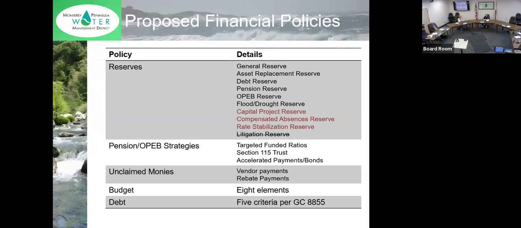And even if we weren't going in that direction, this policy is still needed because the state wants us to have that policy before any kind of debt is issued. The state prescribes 5 different criteria that need to be in this debt management policy. It's governed by Government Code 8855. And so we have tried to meet those criteria in our policy.